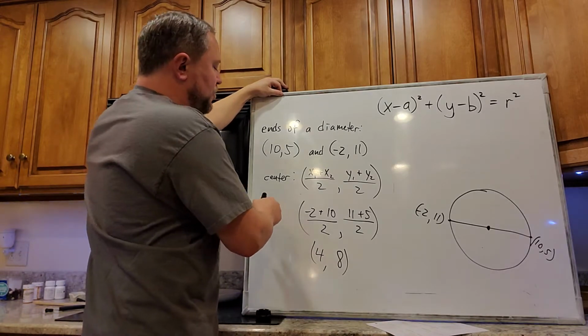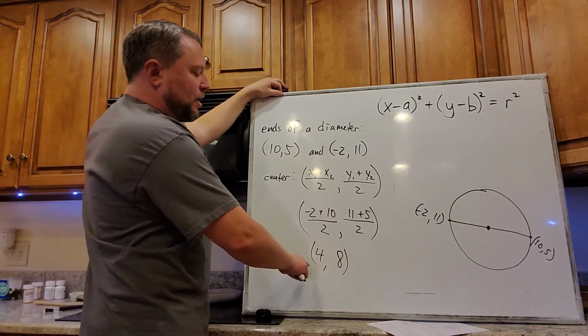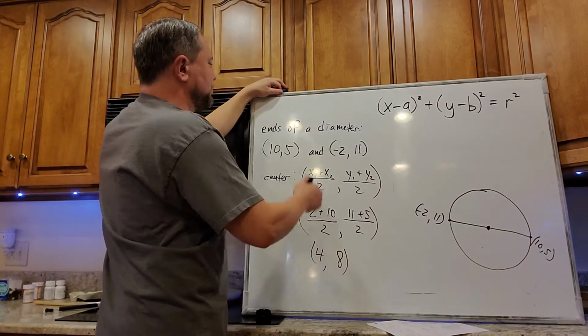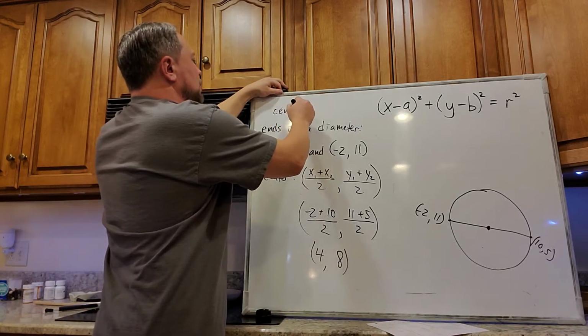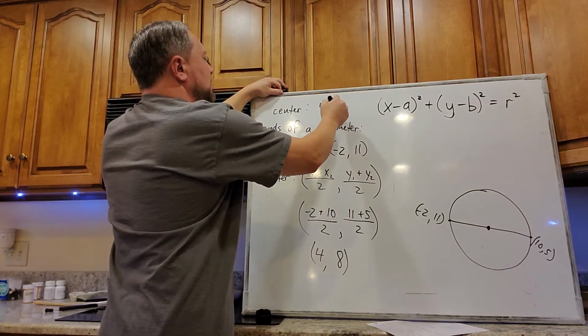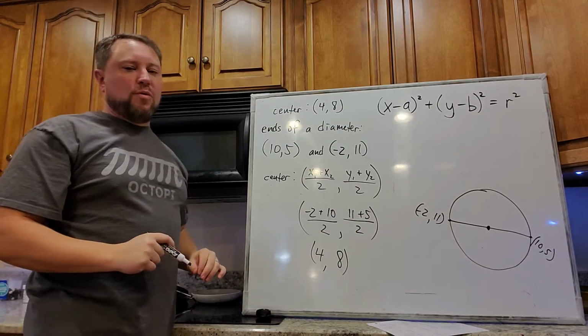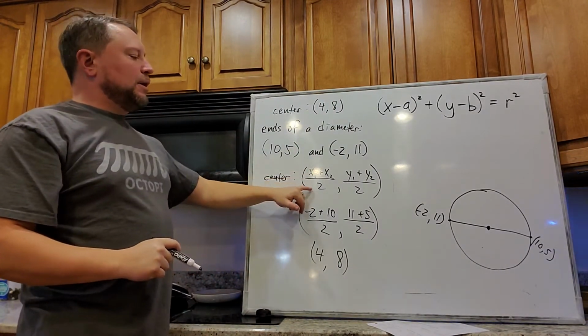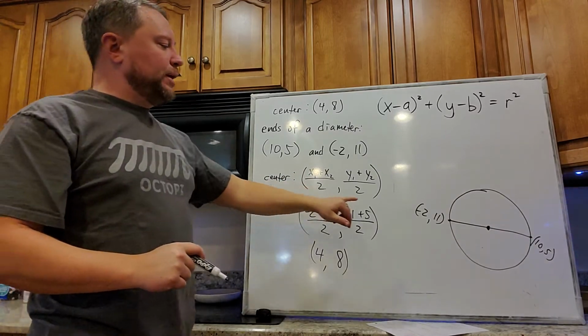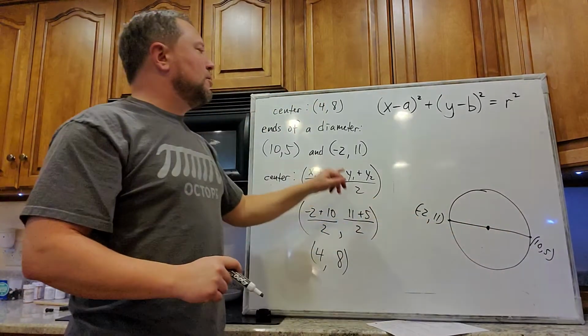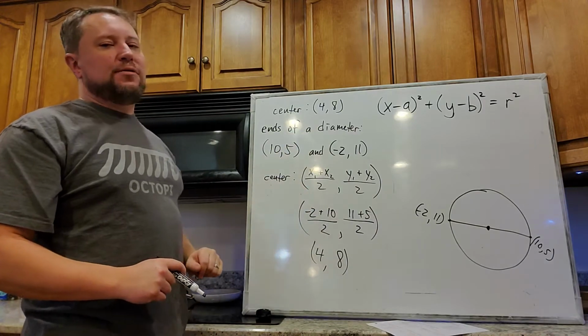So the center point on this one is located at (4, 8). I'm going to write that up here, because I need to make some room to do more work. Remember, all we did was find the midpoint of the diameter to locate where the center would be using this formula.